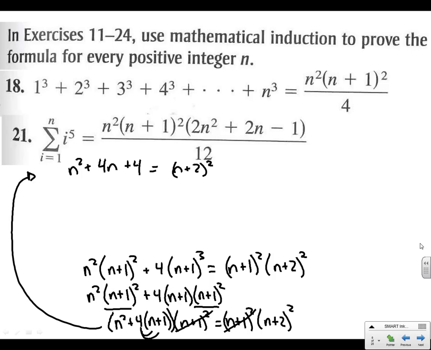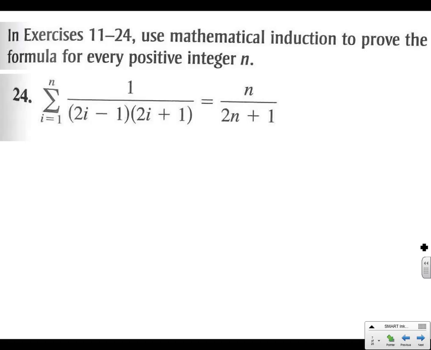And so now we can just FOIL this last step. (n + 2)² is going to be n² + 4n + 4, and that is exactly what is equal on the other side. So we've got it. Alrighty.